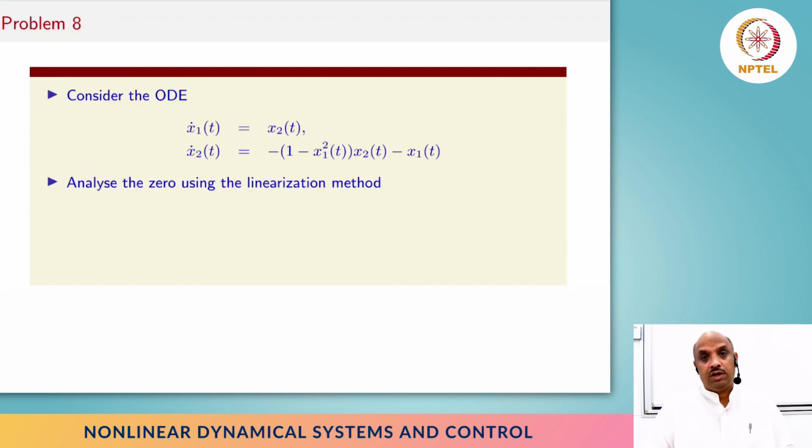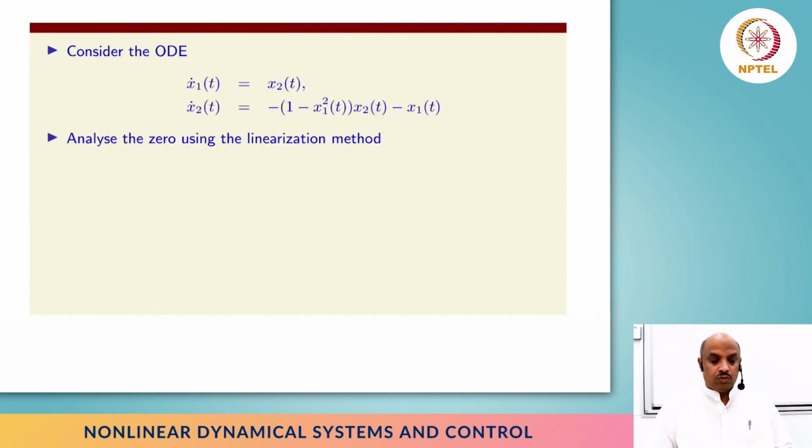In some cases, we may not know how to do that, right? So one more example. I'll take the only nonlinear part, 1 minus x1 square times x2, and for small values of x1, 1 is much bigger than x1 square, so this is approximately x2.